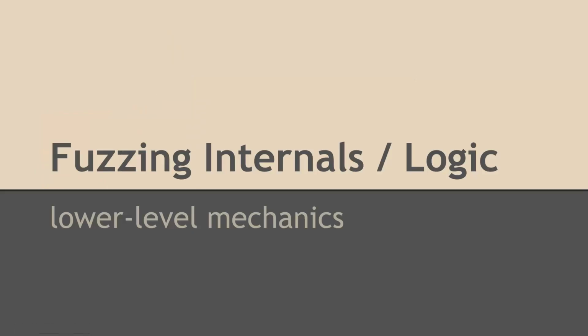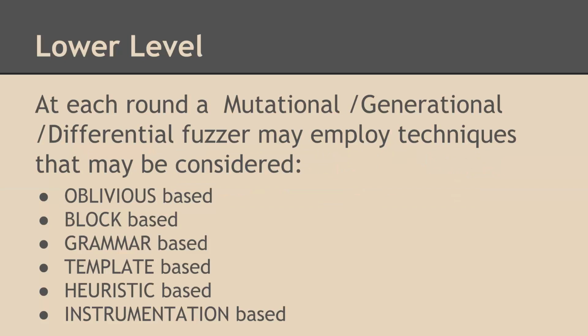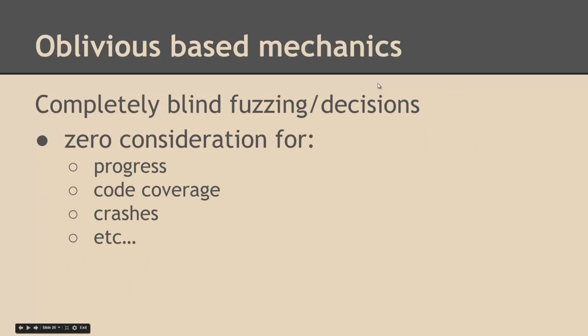Now for lower level mechanics, at each round or throughout the fuzzing process, the fuzzer may employ techniques that are considered to be oblivious, block-based, grammar-based, template-based, heuristic-based, and/or instrumentation-based. Oblivious-based mechanics is essentially just random fuzzing, piping from /dev/random into the input, or mutating it with just purely random.